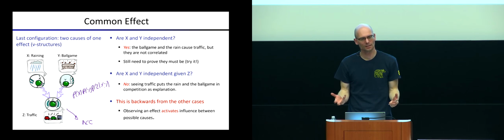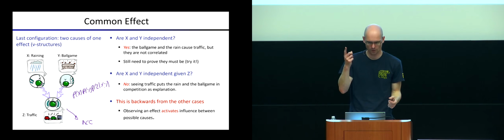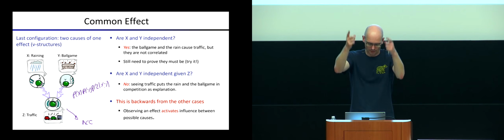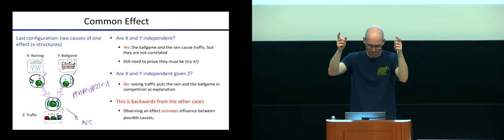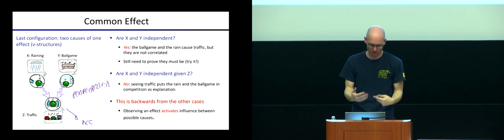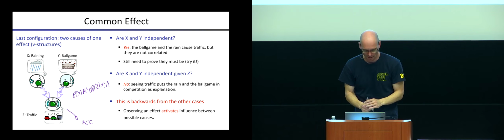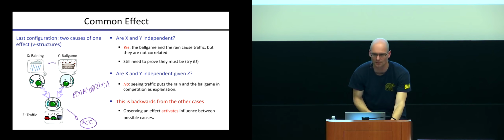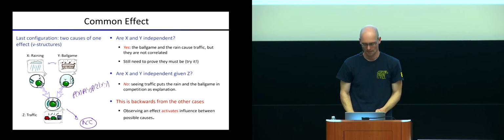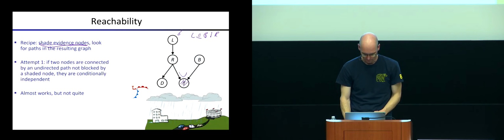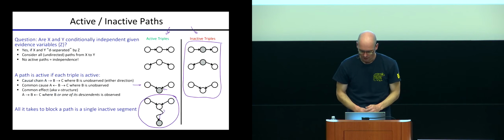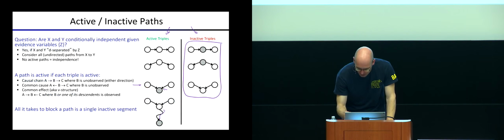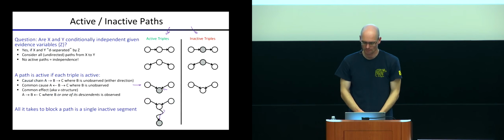The accident having been there makes you think probably there is more traffic, probably there is rain or ball game. This model would assume the more traffic, the more likely there's an accident. And just knowing there's an accident will already cause influence between these two variables up here. So that's the bottom one here, and then we have the inactives on the right.